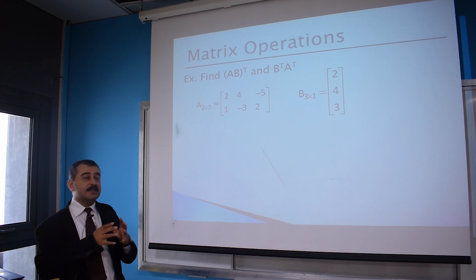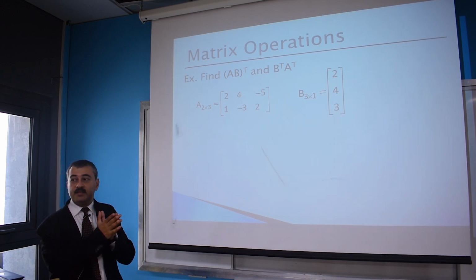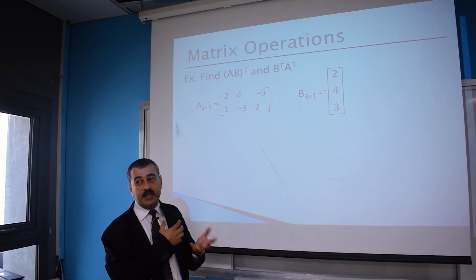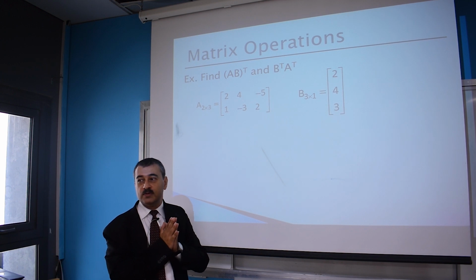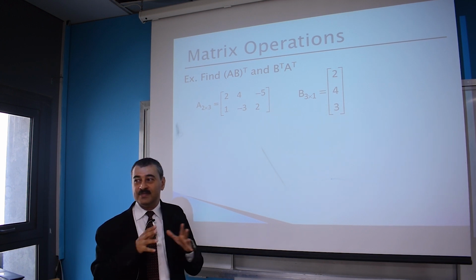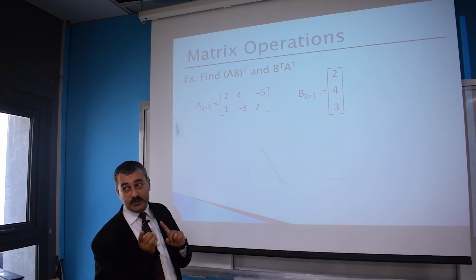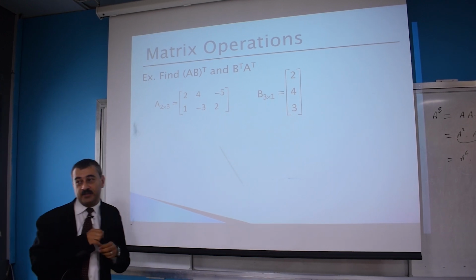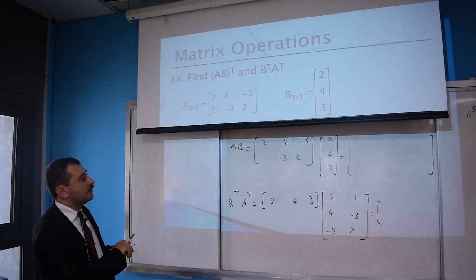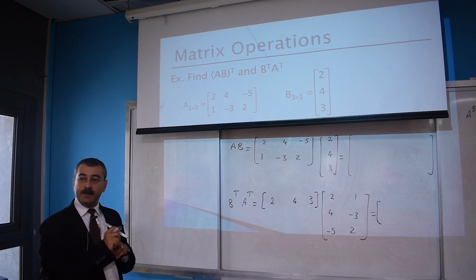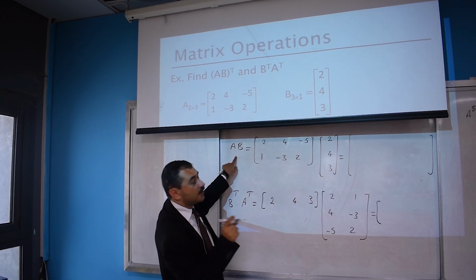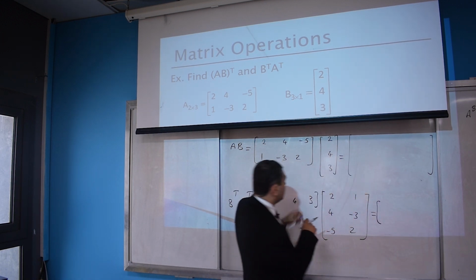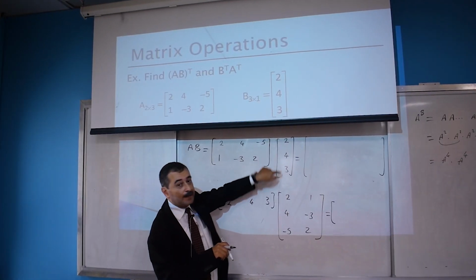Let's compute these. I want to find A times B and then transpose the output, and transpose B and transpose A and do B transpose times A transpose. Would you please try it? Okay, let's find first A times B and then do the transpose. So this is A and this is B. The first entry here would be the dot product between these, right?